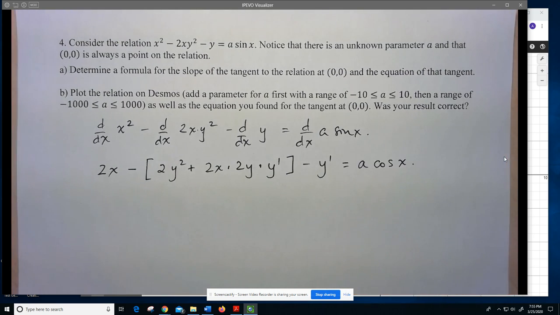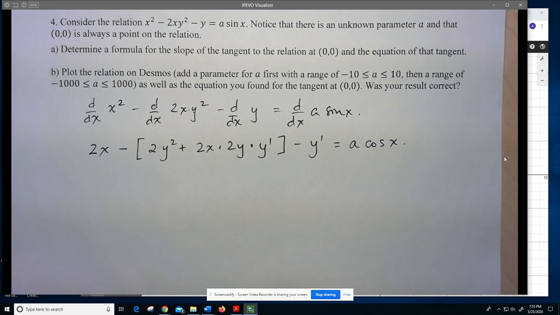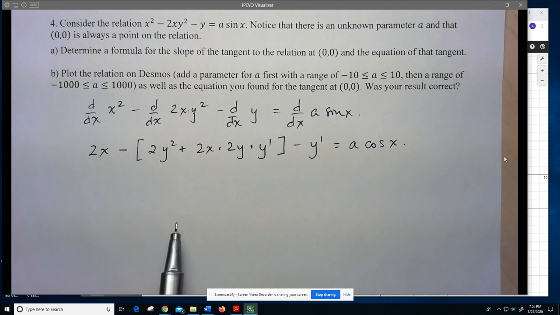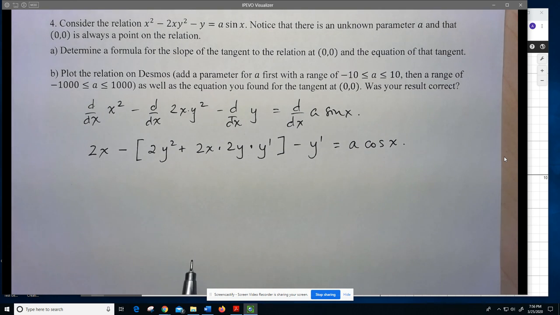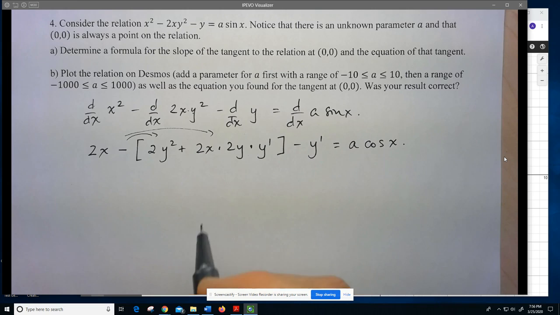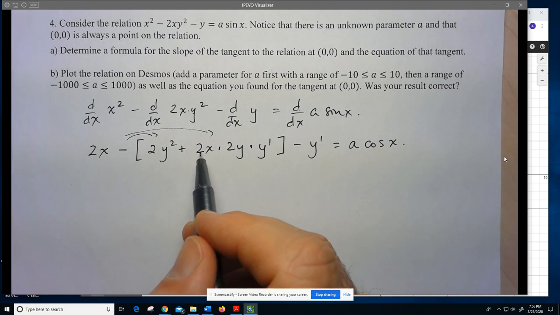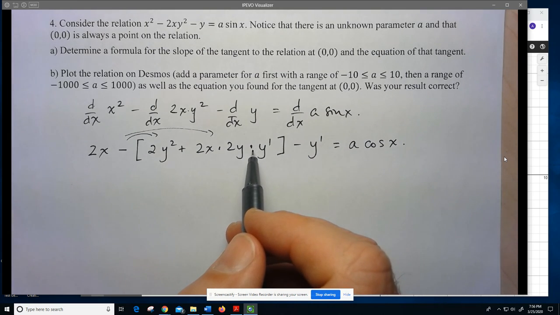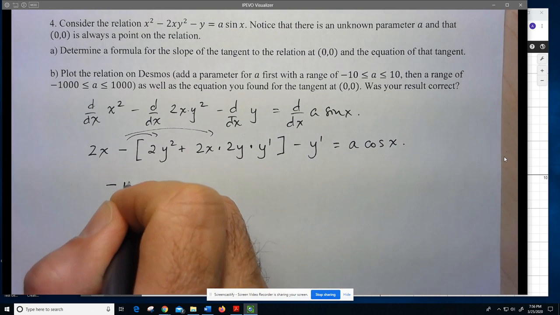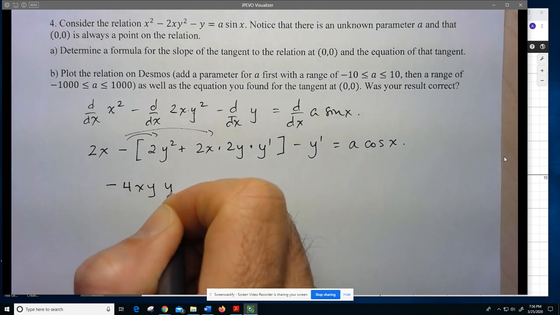All right, so now that we've taken the derivative implicitly, we see that we can bring together all the terms that have y prime, and we'll bring everything that doesn't have y prime to the other side. This negative is just going to be distributed to everything, but remember we have to apply this negative, so I'm going to have negative 4xy y prime.